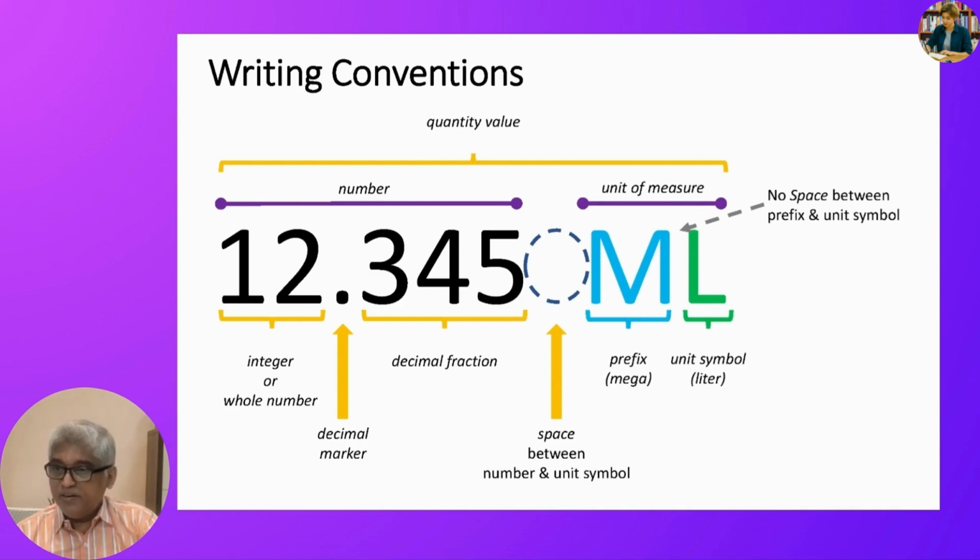Then you have to express its prefix, meaning kilo, mega, giga, tera, like that. If there is a prefix, then you have to mention it, otherwise leave it, and then you have to write the unit. And there should not be a gap between the prefix and the unit. Here it is mL. This m, bigger M, stands for mega, and that L stands for liter, like that. So whatever may be the unit. If it is a meter, then you have to write a small m. While writing small m and capital M, you should be very careful. Otherwise, it will convey the wrong thing.